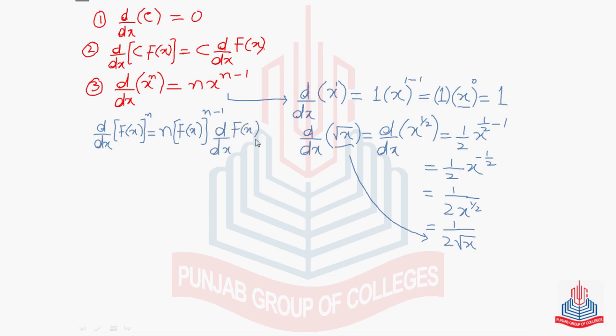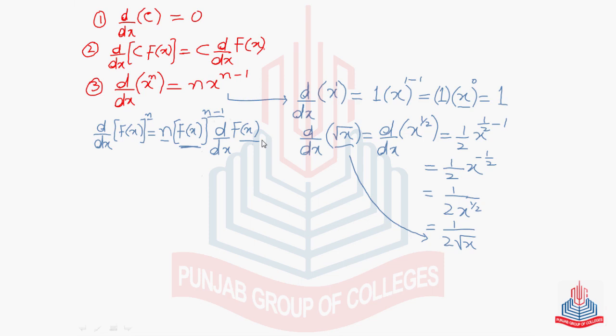A very important explanation: if we want to differentiate a function containing power n, we differentiate in this way: power n, function, power n minus 1, and again the derivative will apply on this function. So this will become d by dx of f(x).